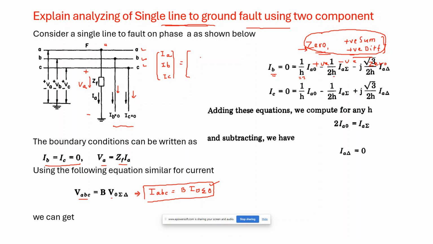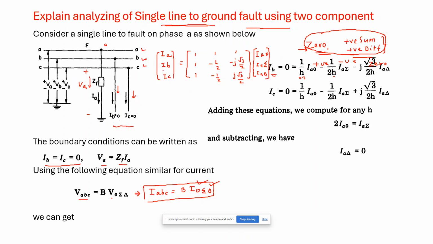I think it is 1, 1, 1, 1, minus half, minus j root 3 by 2, and 1, minus half, j root 3 by 2, and here we will have IA naught, IA sum, and IA delta.